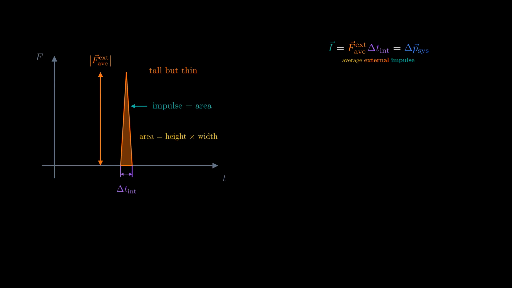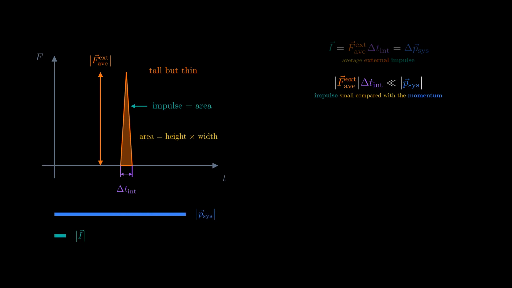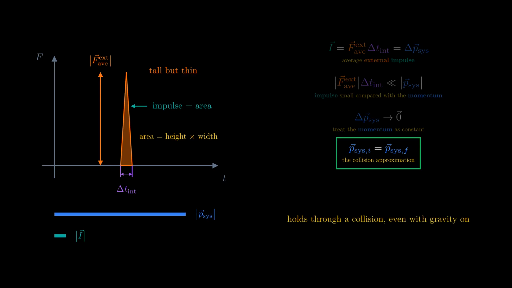If the interaction lasts a short enough time, the impulse is small in magnitude compared with the momentum the system already carries. The change in momentum is negligible, and you set it to 0. That is what licenses treating a collision or an explosion as momentum conserving, even while gravity acts throughout.